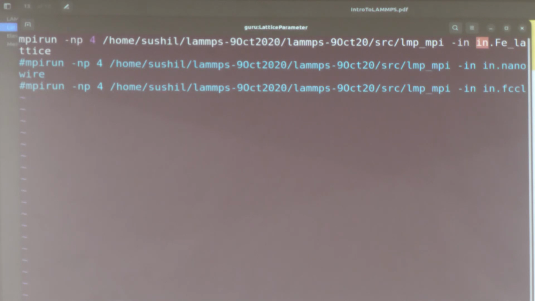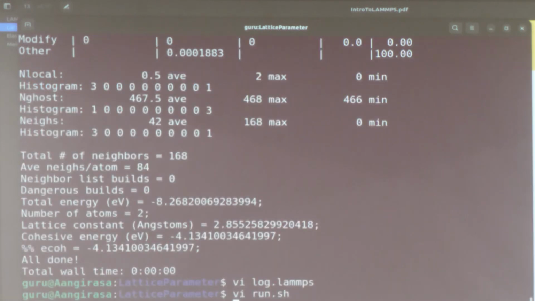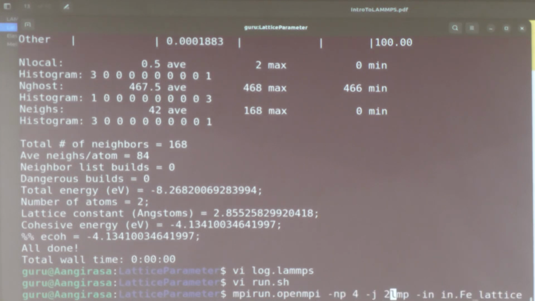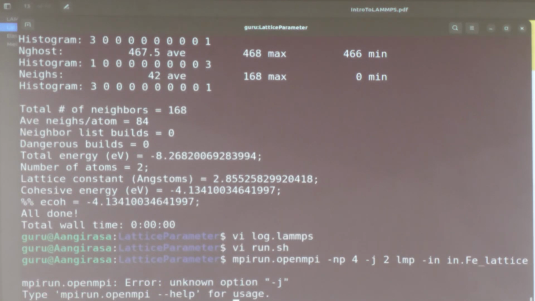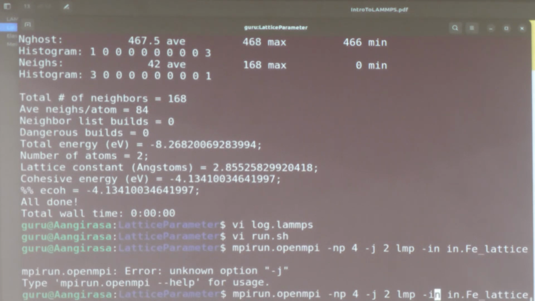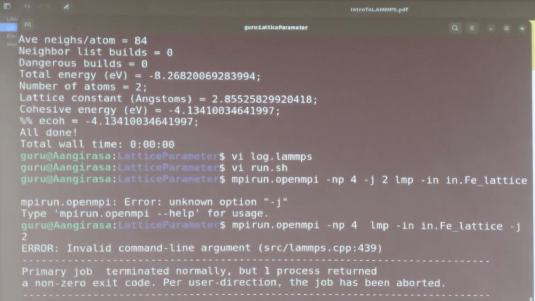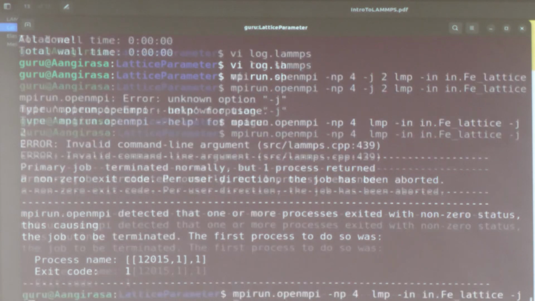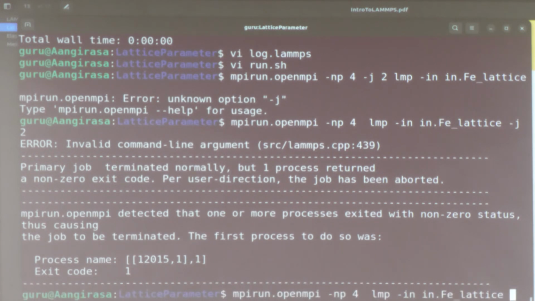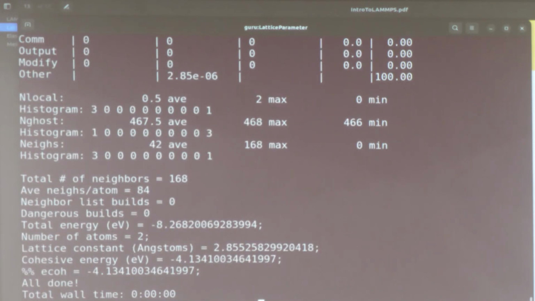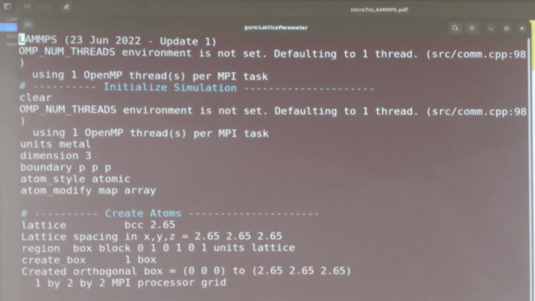I only have a number of processors. Minus j something should be given, right? If I give, then it will use so many. I think it is minus j2. Let me try. No. Where is it given, Sushil, at the end? Okay, I do not know. We have to look up the manual. Okay, no problem.